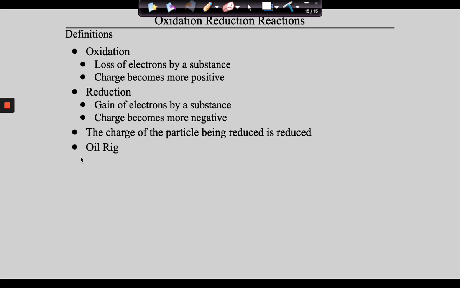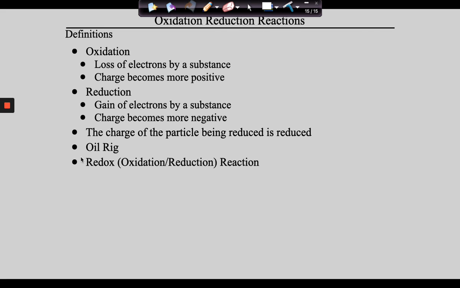Okay, so guys, with that as a foundation then, we need to bring the pieces together. Because the bottom line is this. You can't lose electrons without them having somewhere to go. And you can't gain electrons without somebody losing electrons. So guys, you will never have oxidation without reduction or vice versa.